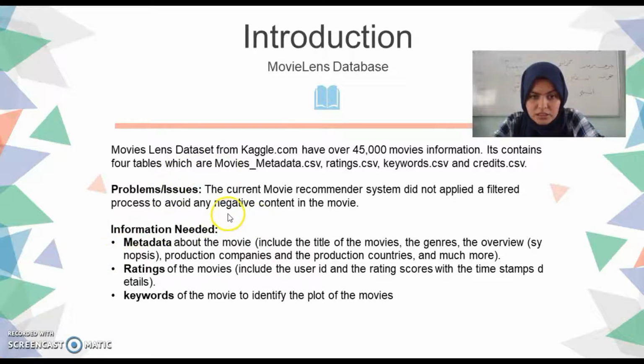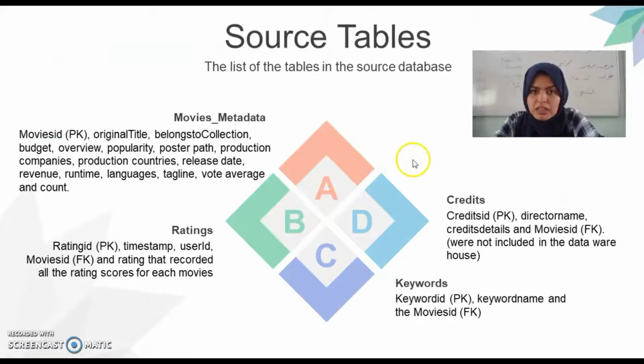To solve this problem, we need the metadata about the movie, which includes the title, genres, overviews, synopses, production companies, production countries, and much more, ratings of the movies, keywords of the movie to identify the plot, and the source tables, the list of tables in the source database, of which we are using 3.